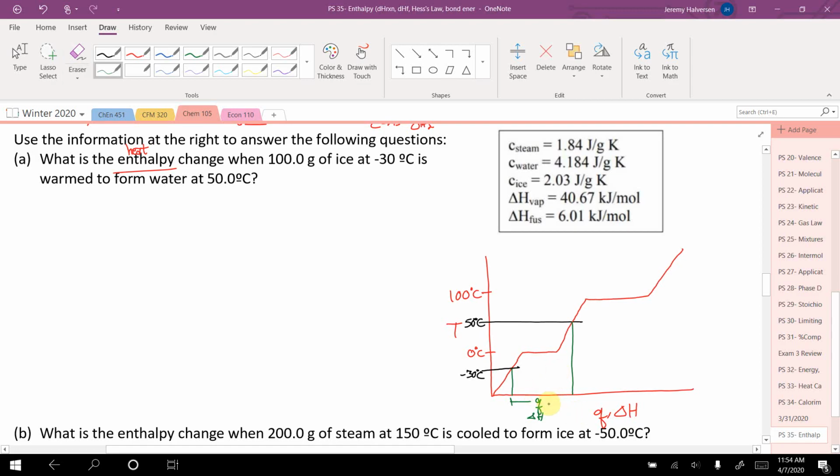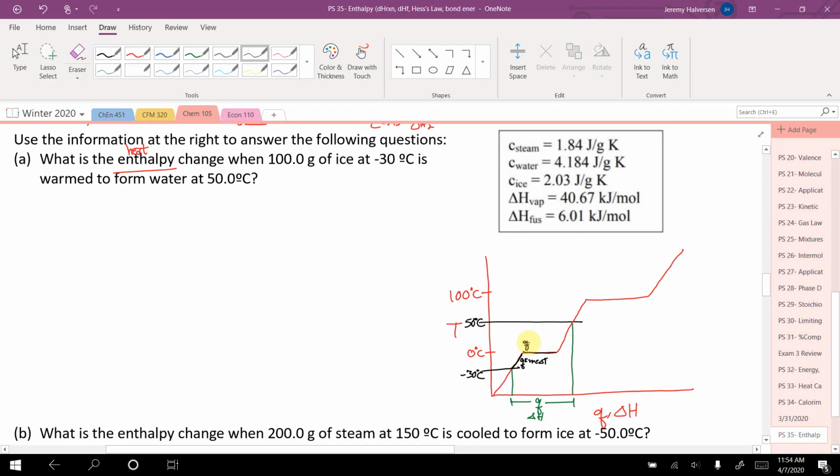Well, there's 3 processes going on to get from ice at negative 30 to water at 50. The first step is going to be to heat up my ice to its melting point. In that case, I'm changing temperature, so that's going to be a Q equals mc delta T. Here I'm melting my ice.